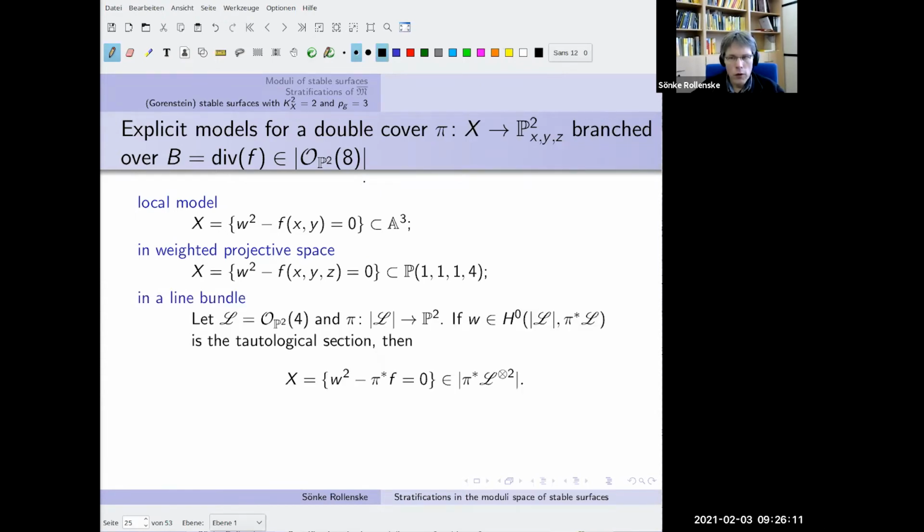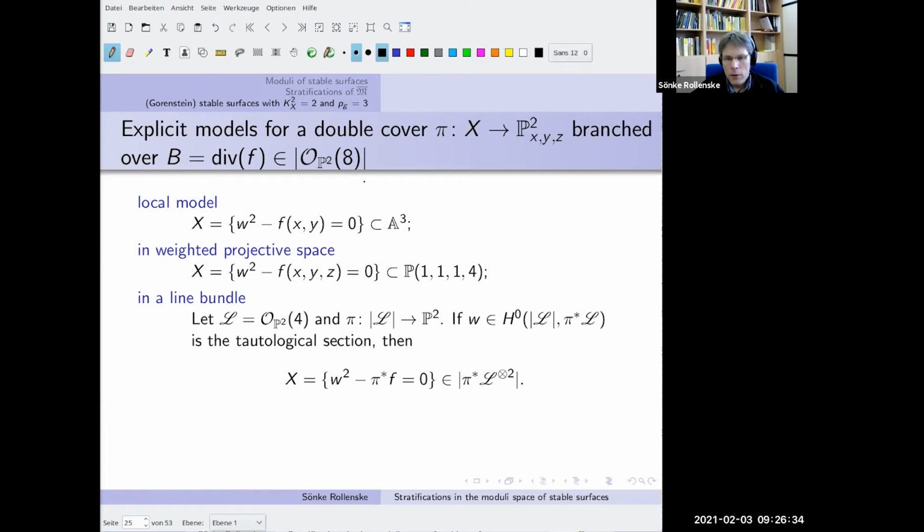I can also do it in a line bundle. I take the line bundle L over P2, which is O(4), and then I take the total space of this line bundle. If I pull back L to its total space, then I will have a tautological section in it.